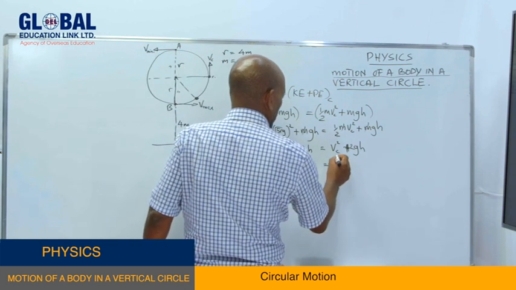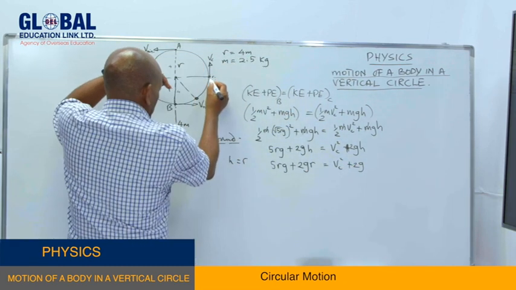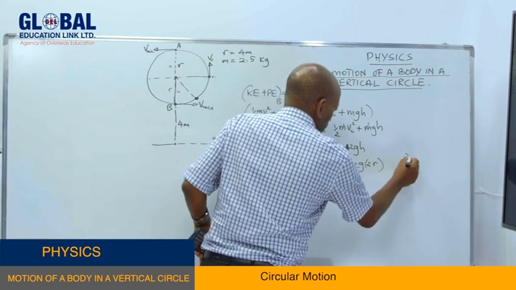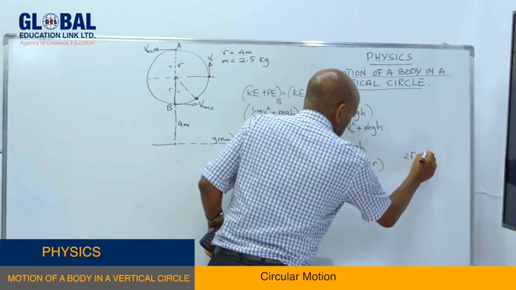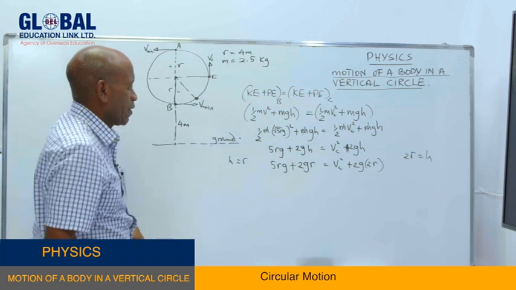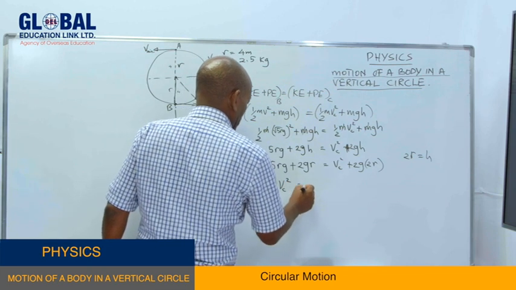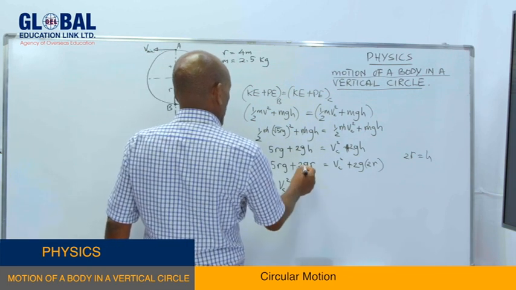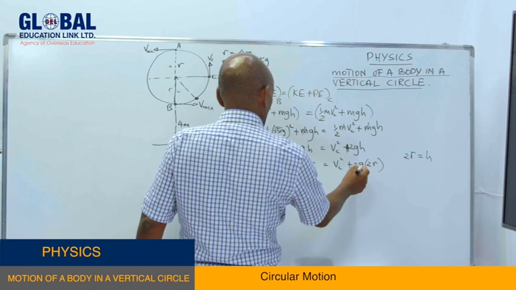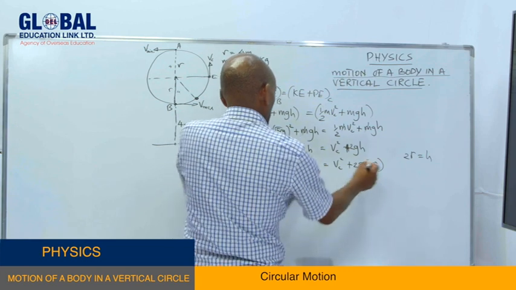And here I'll have the velocity at c squared plus 2 times g. Now the height at this part is the same as twice the radius. So I can take this to be twice the radius, because twice the radius is the height h in our second instance, at this particular point C. And if we substitute, looking for the velocity at point C, here I'm going to have 7gr, and here it is 4gr. I'll take this minus this.